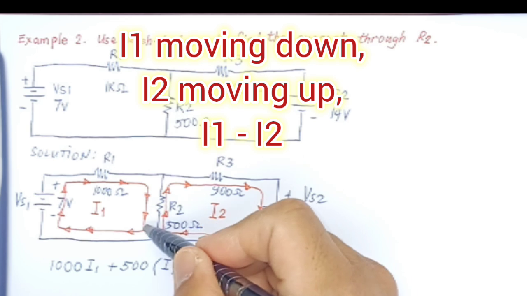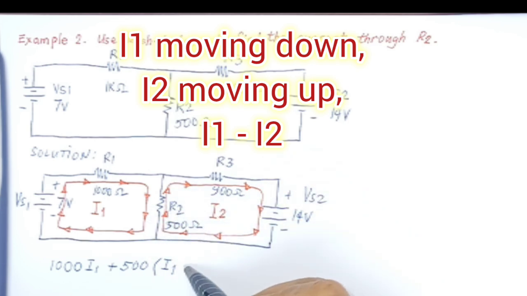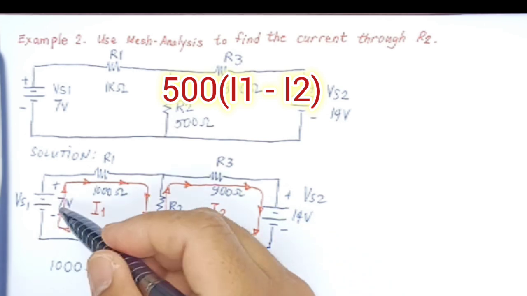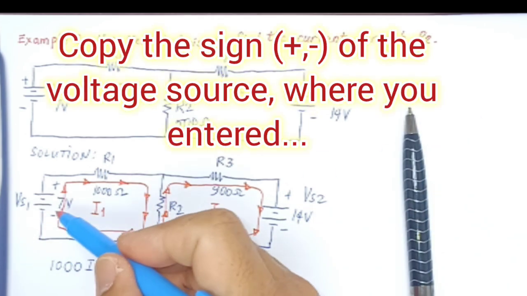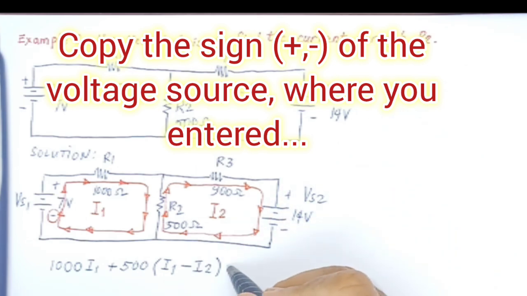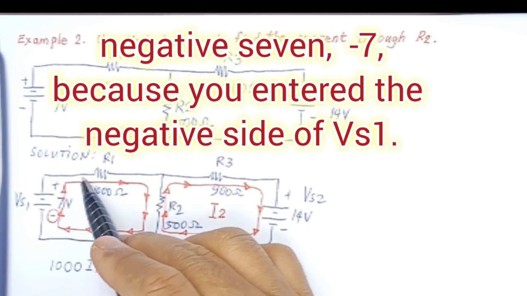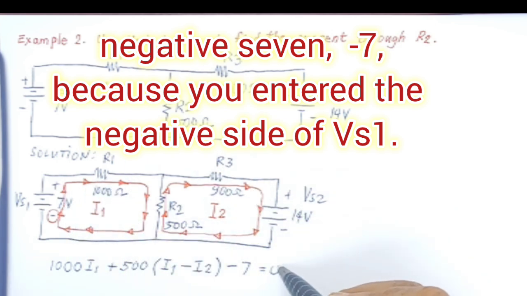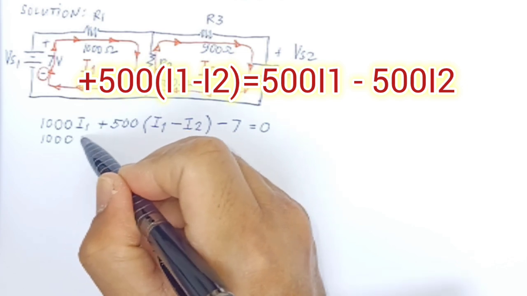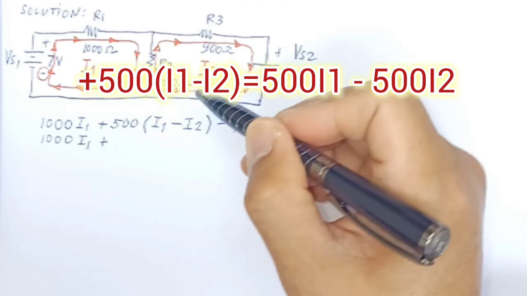Again, the direction of I1 is down, the direction of I2 is up, so we have different directions. We subtract I1 minus I2. Then when we go through the voltage source 1, we will enter the negative, so we write minus 7 volts. And then we will equate it to 0. Actually, this is Kirchhoff's voltage law.